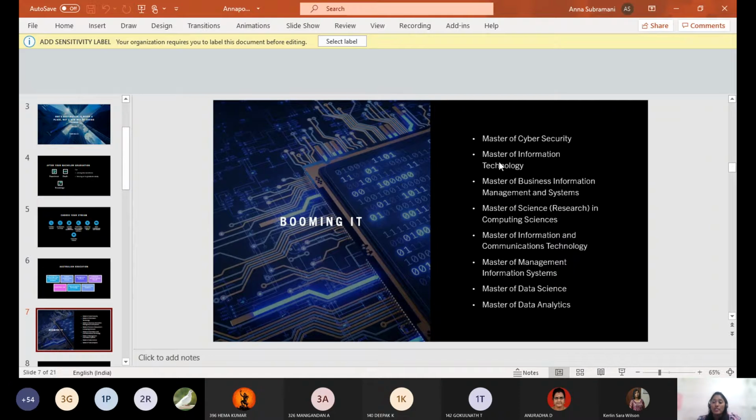We have courses here like business information management and systems. I think even in Panimala they now have a bachelor's degree related to the business field. It was not there when we were there, but now it's there. Similarly, the Master of Science in Computing Science is the normal master's in computer science. The master's in information and communication technology is a mix of IT and ECE, so you have both the communication knowledge and the IT knowledge.